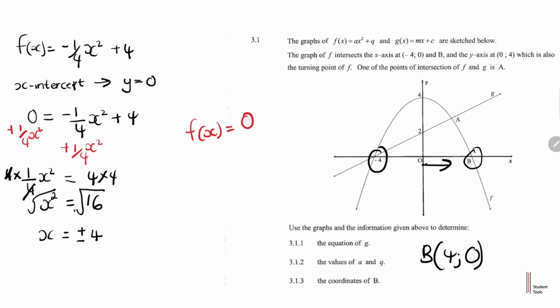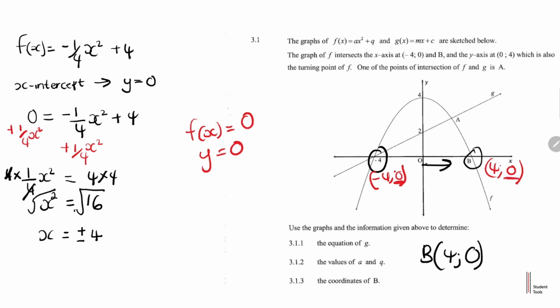So actually this is the same as finding the values of the x-intercept, because this is the same as where y is equal to a 0. So when we were doing 3.1.3, we found that here we have negative 4, 0. And here we have positive 4, 0. So here we have y is equal to 0, and here we have y equal to 0.